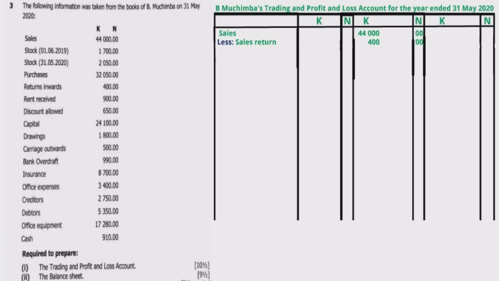Thereafter, I need to find the turnover or net sales. That means I'm going to subtract, remember, less sales return. So I'm going to punch 44,000 minus 400, which will give me 43,600, and I'm going to write that as the turnover or net sales.